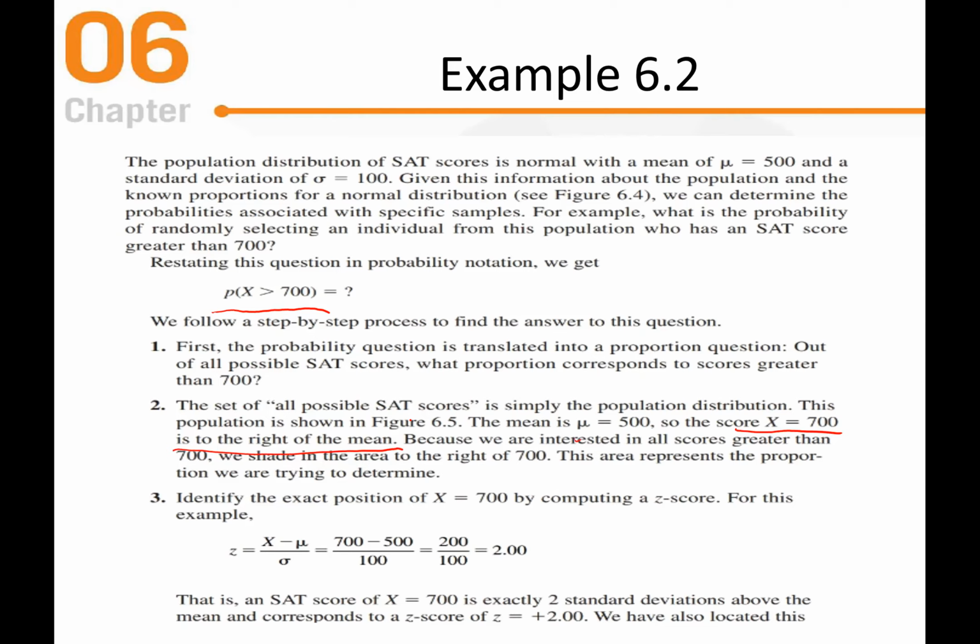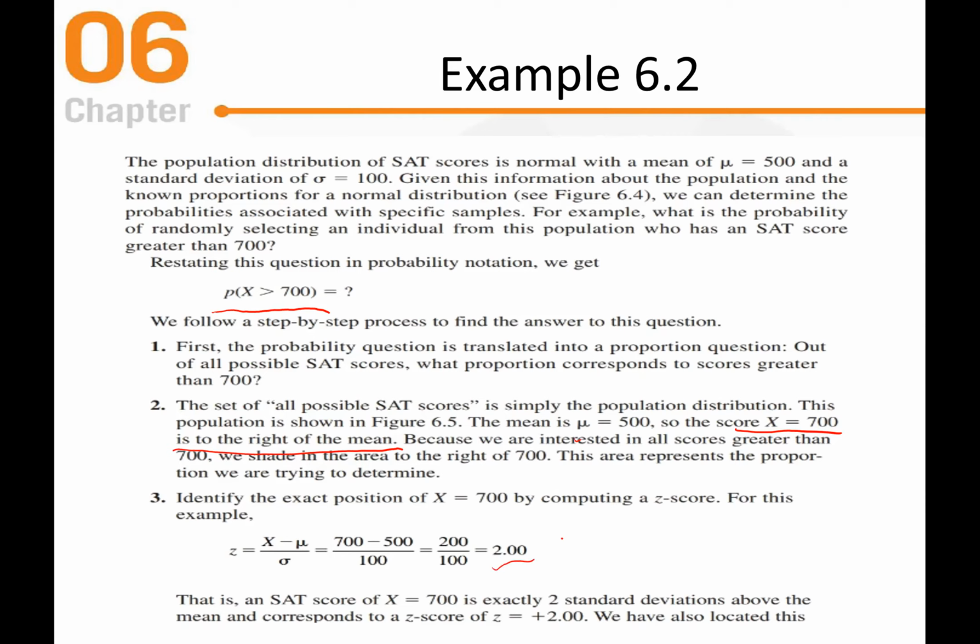The third part of this is to identify the exact position of the score X equals 700 by computing a z-score. We have all our necessary information. We have the raw score, which is 700. We have the population mean, which is 500. And we have the standard deviation, which is 100. So 200 over 100 equals a z-score of 2.